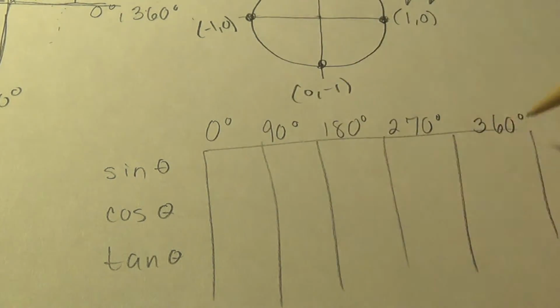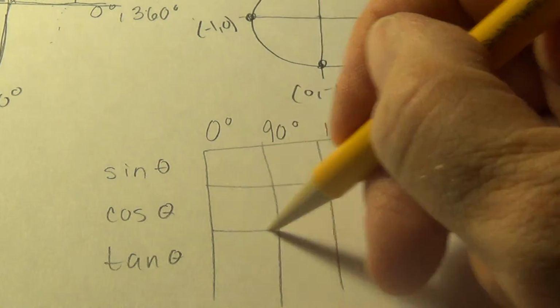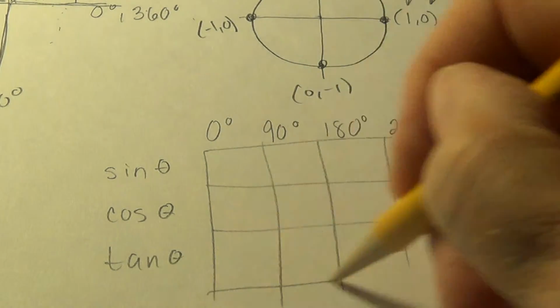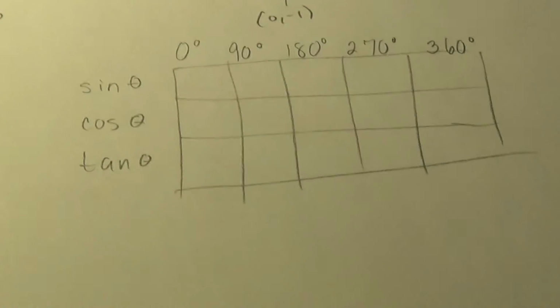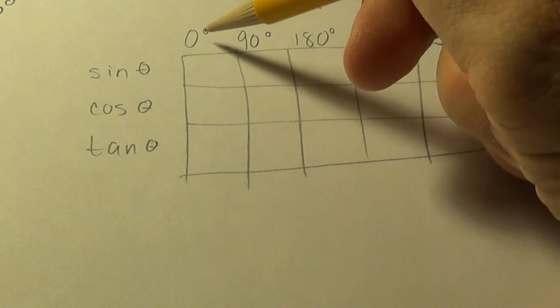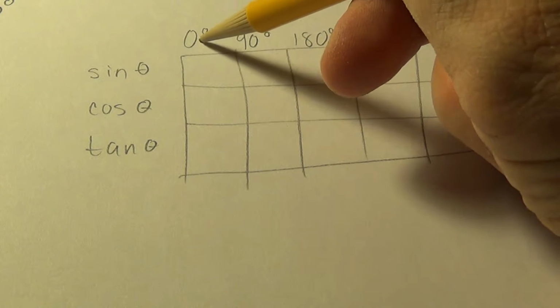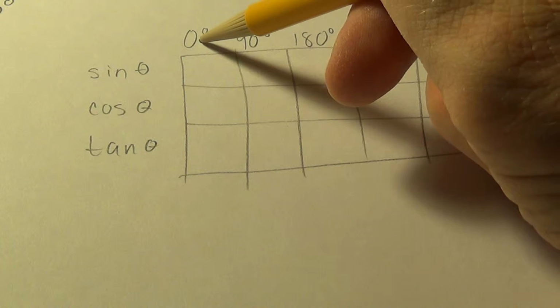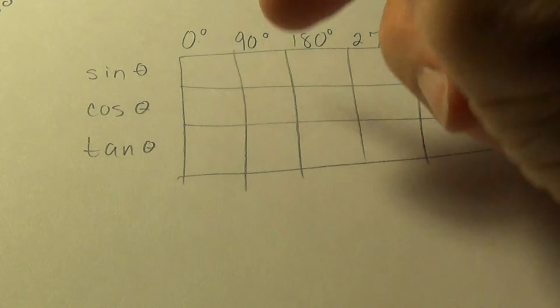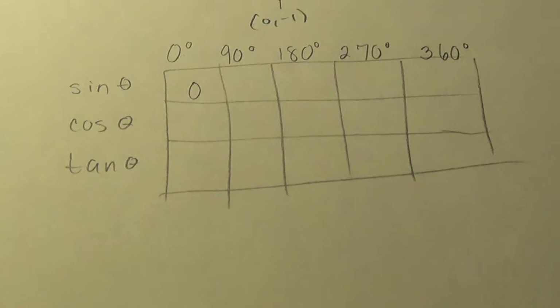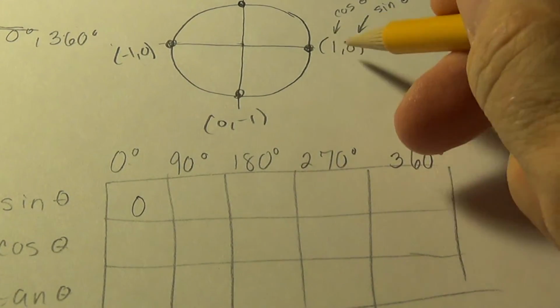I'd like you to be able to come up with this chart just by visualizing the unit circle. So let's see if we can do that without looking at the unit circle. At 0 degrees the coordinate is 1, 0, so the sine, the second coordinate, is 0. Let's check back. It does hold.